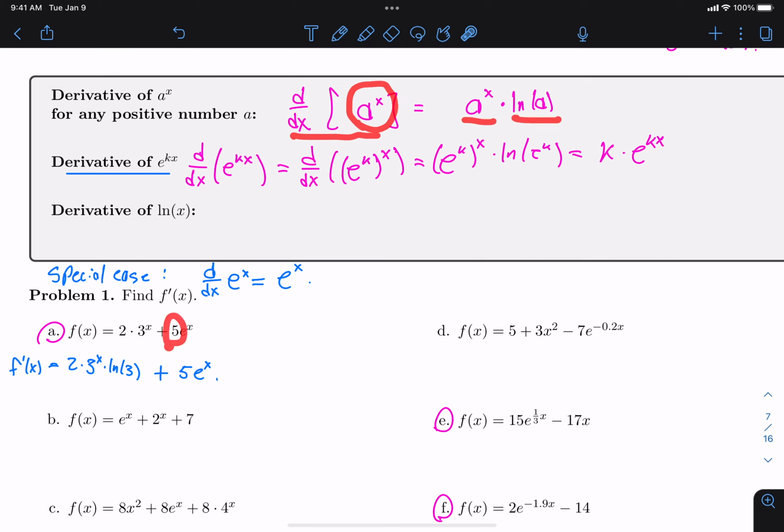But the 5 here is not part of the base. The base here is e. So if you use the rule in part 1, you would get e to the x times ln of e. And ln of e is 1. Does that answer your question? Yes. All right. Any other questions?